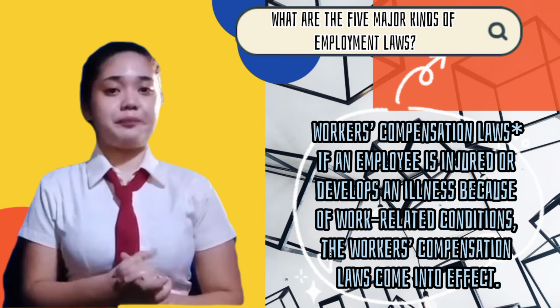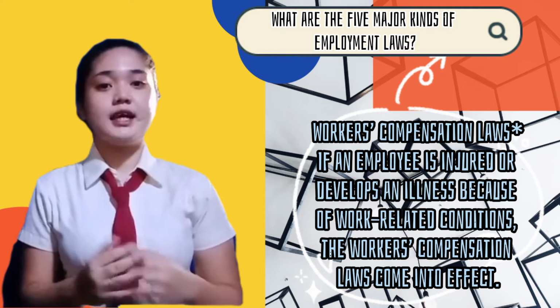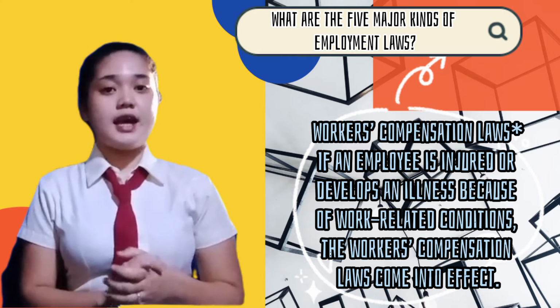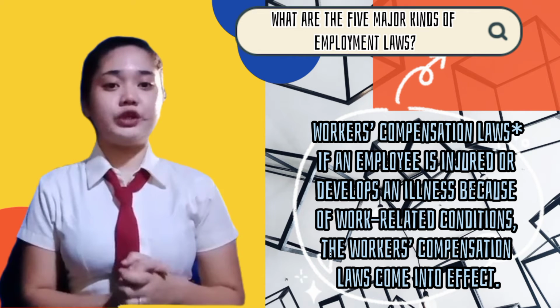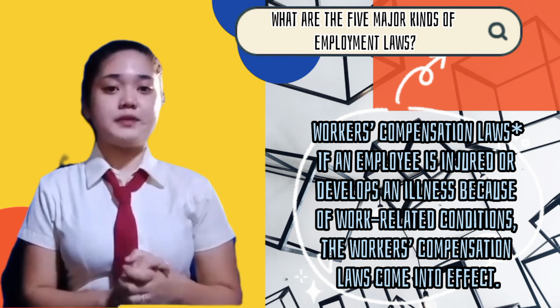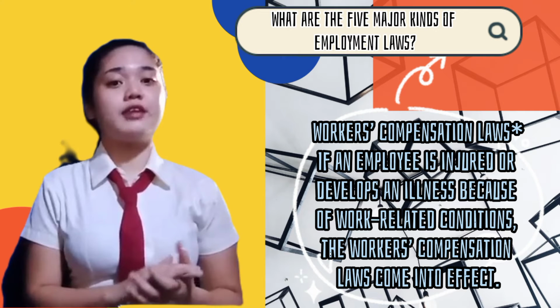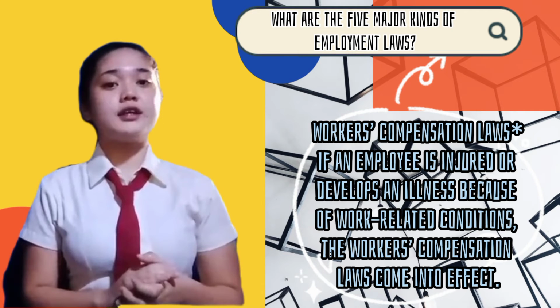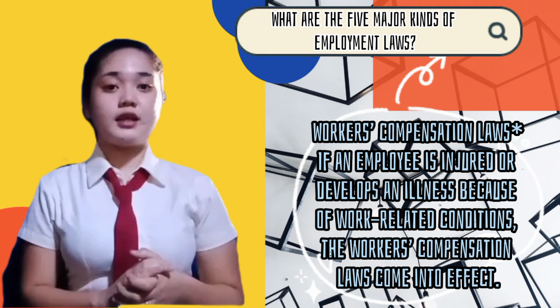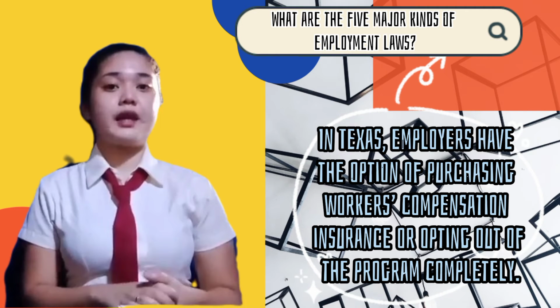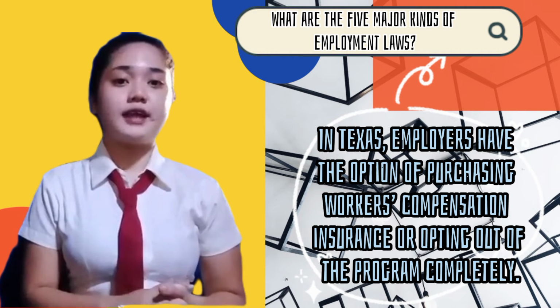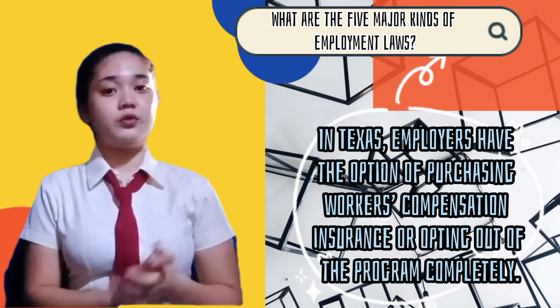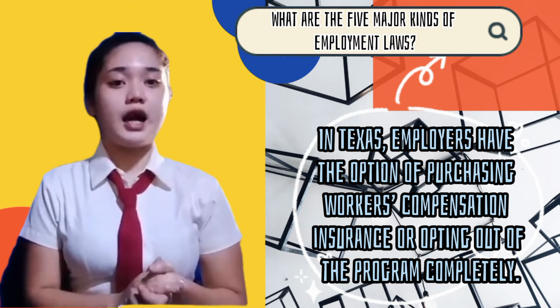Third, workers' compensation laws. If an employee is injured or develops an illness because of work-related conditions, the workers' compensation laws come into effect. In Texas, employers have the option of purchasing workers' compensation insurance or opting out of the program completely.